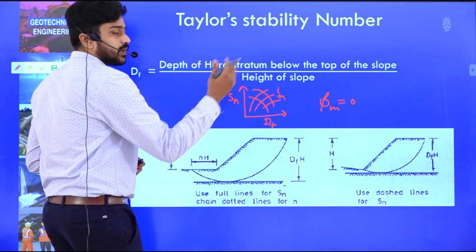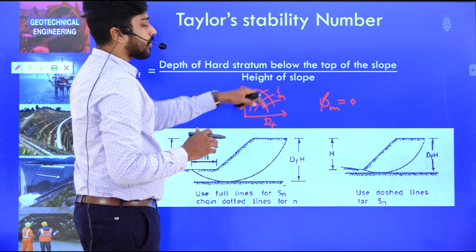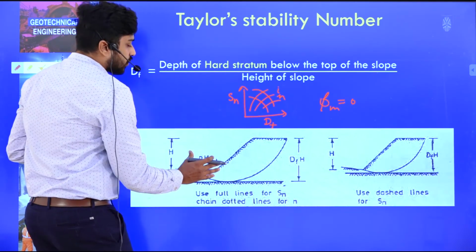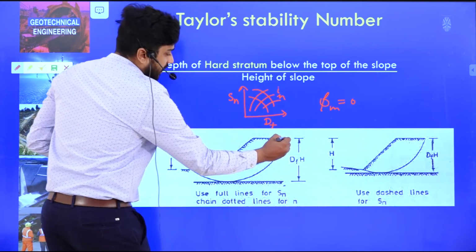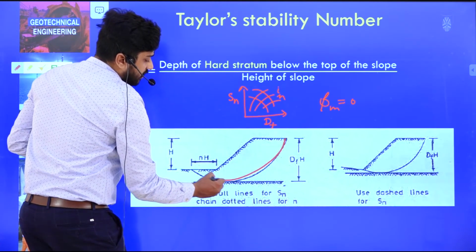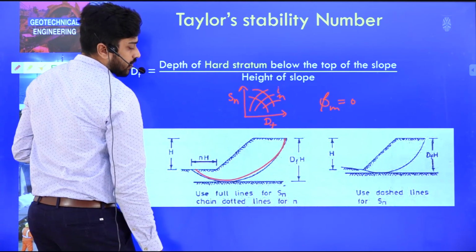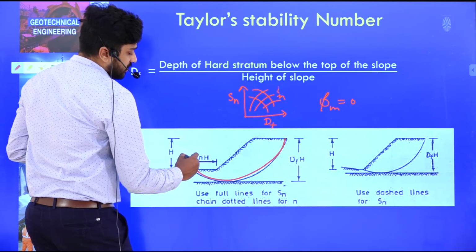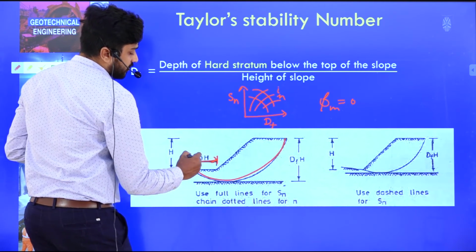From the previous graph what we have seen, it depends upon i and n. So if you look at this particular curve, let us say the failure plane is somewhere in this manner. That means there is some additional distance here of this failure.